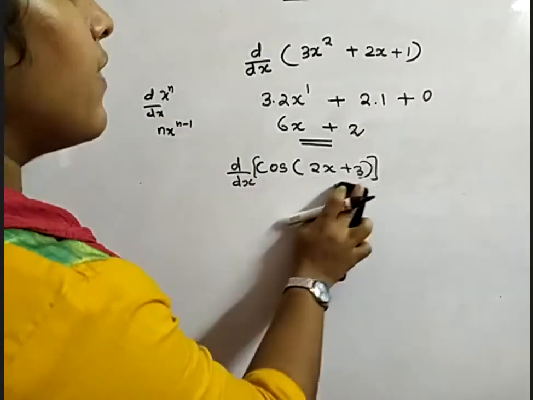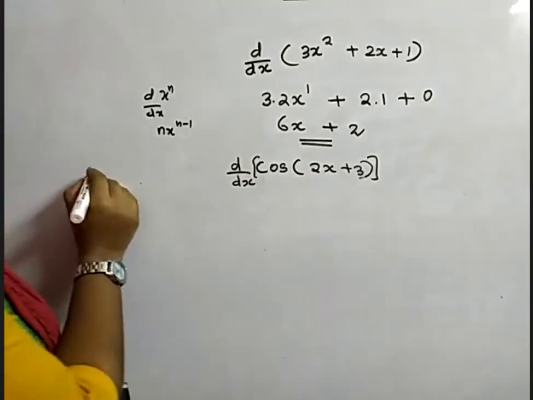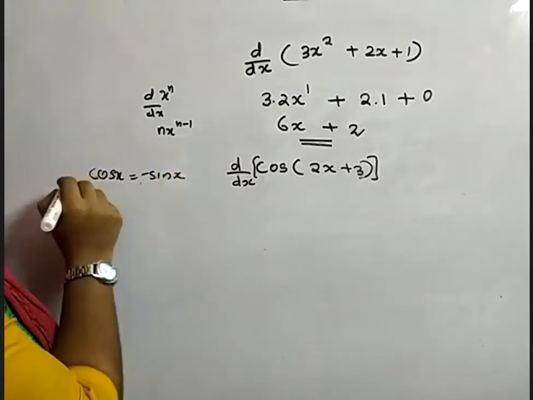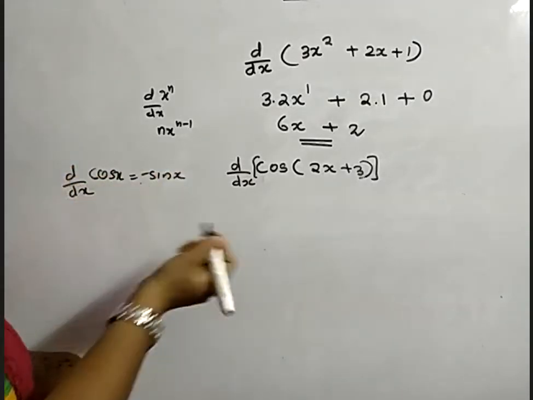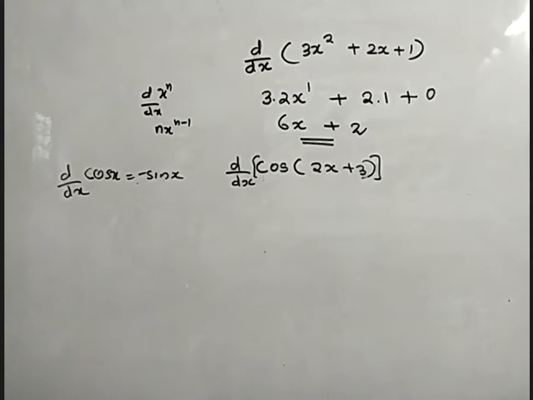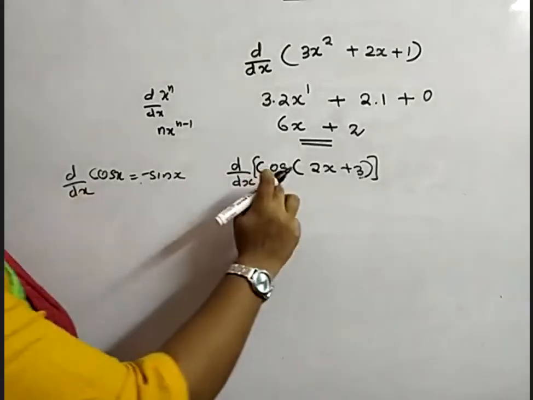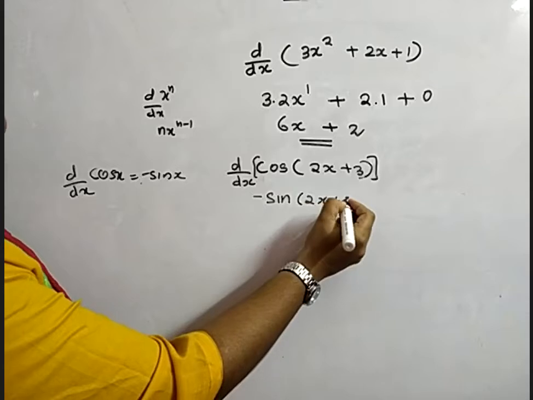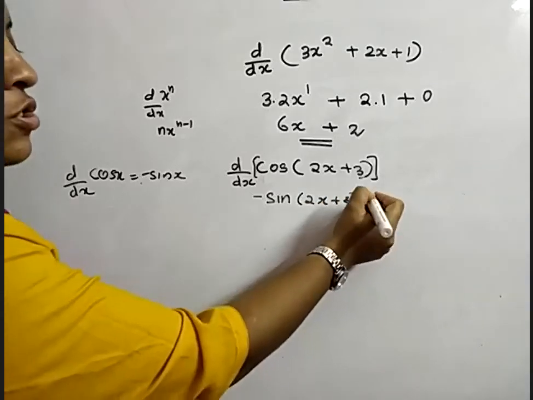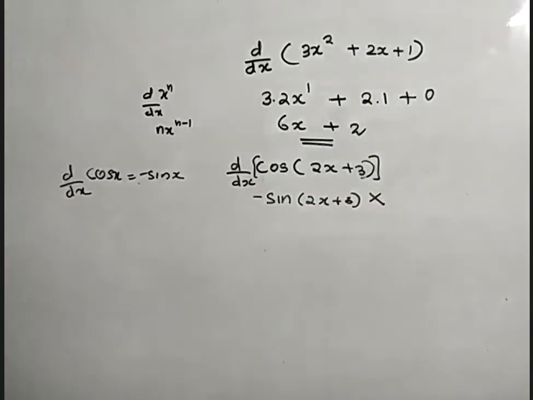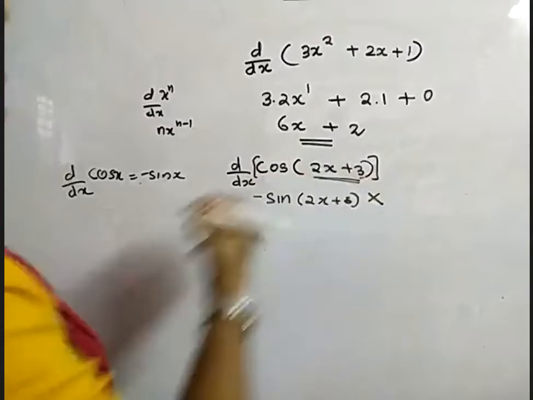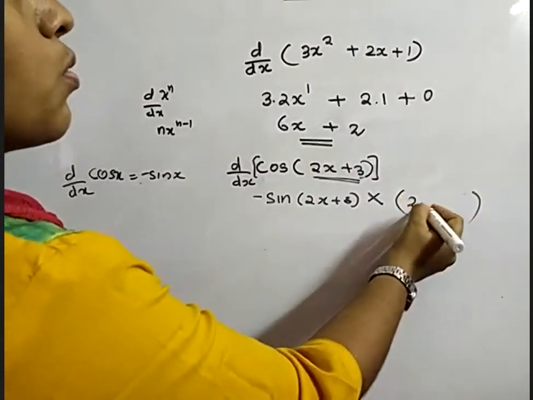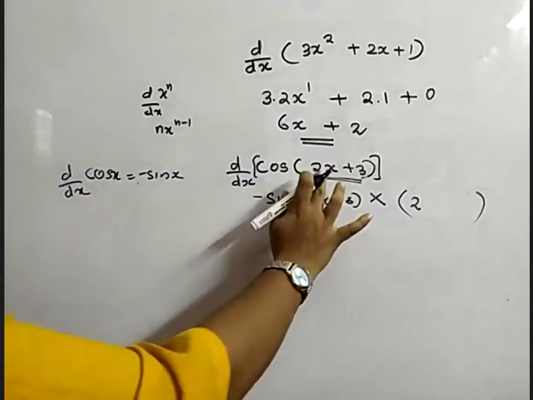So what is the derivative of cos? The derivative of cos x is minus sin x. So here the derivative of cos of 2x plus 3 is minus sin 2x plus 3, into the derivative of 2x plus 3. The derivative of 2x plus 3 is 2, I'm taking it out because it's a constant, no?